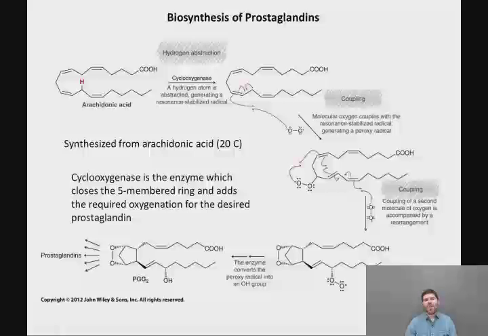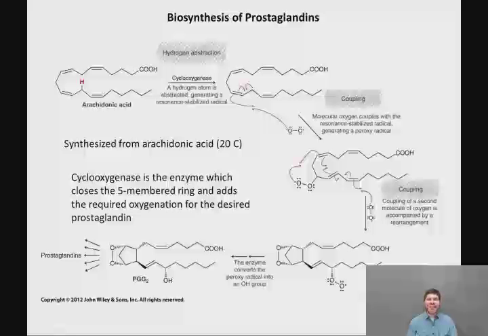Okay, so how are prostaglandins biosynthesized? So again, there's a lot of chemistry here that I don't really expect you to have mastered, but what is true is that they are made from arachidonic acid, which is the 20-carbon polyunsaturated fatty acid that has 4 double bonds.